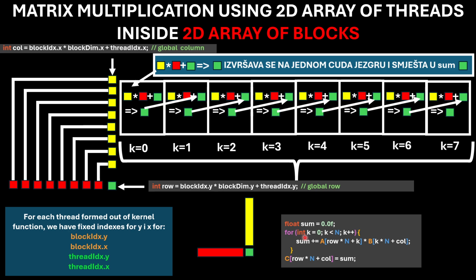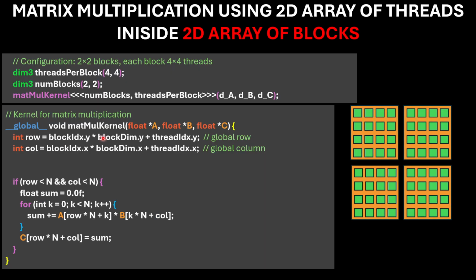In every iteration of the loop, we are picking up the old value and adding the product of these 2 elements, and using it in the next sequence. So that's, I hope, obvious. All the same as we talked about before, but just using a block and the block indexes and block dimension to help us find the specific threads.